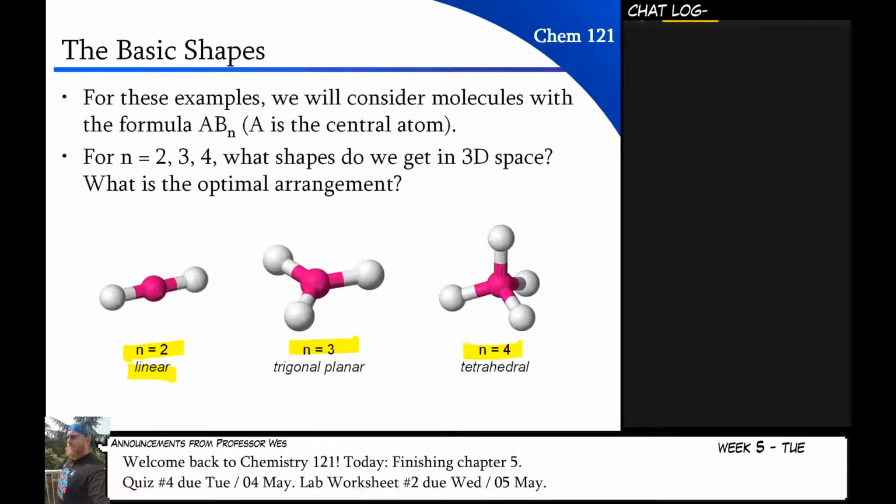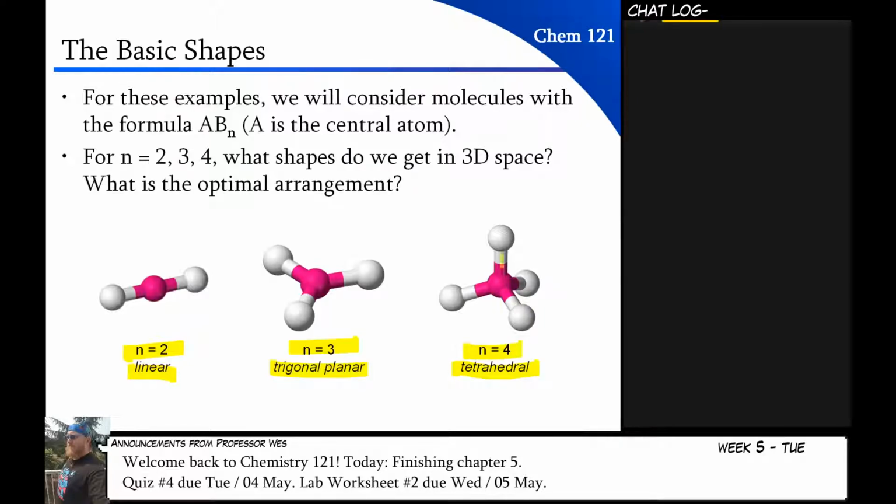Linear. They will just be 180 degrees apart, opposite of each other. Whatever those groups are, that's where they will be. If I have 3 groups, I arrange them in a triangle. Whatever those groups are, they will be in a triangular pattern around the central atom. And then finally, with 4 groups, whatever those 4 groups are, they will be in a tetrahedral arrangement.